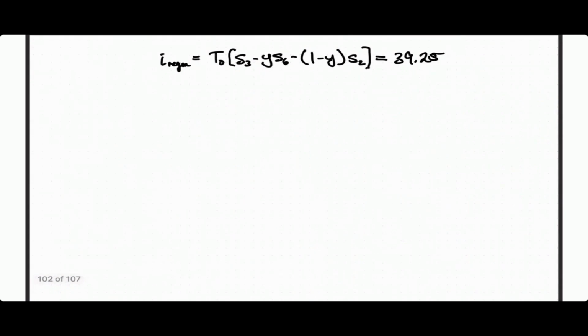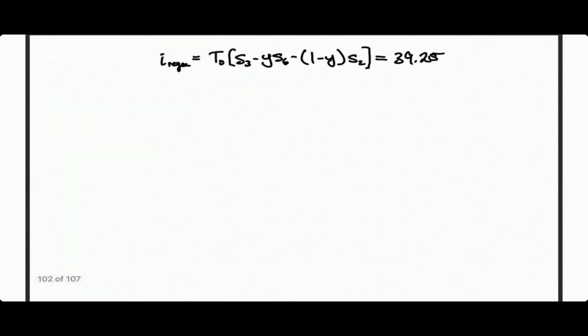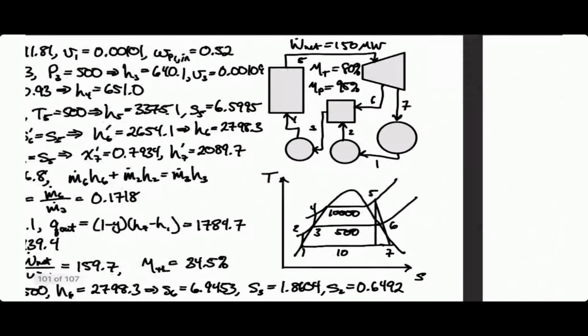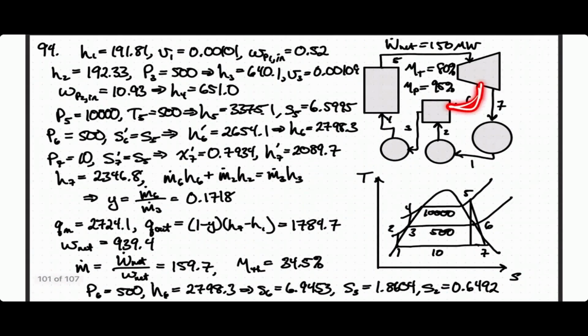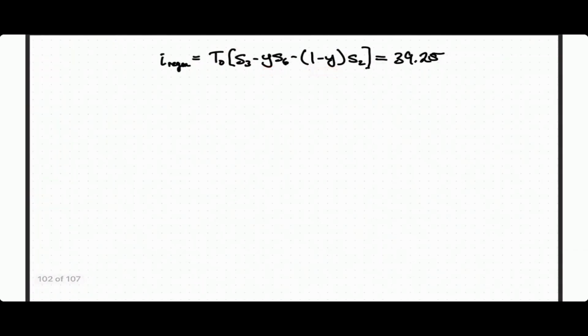At S3 we had the full amount coming out. At S6 we have y times the amount coming in, because we took a percentage off here. At 2 we have the 1 minus y flowing in. That's where we get these terms. Calculating all that, we get 39.25 kilojoules per kilogram.